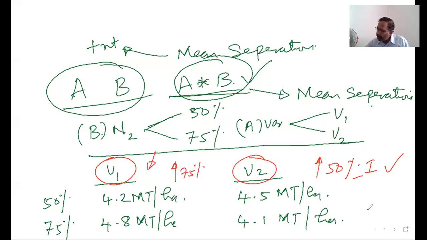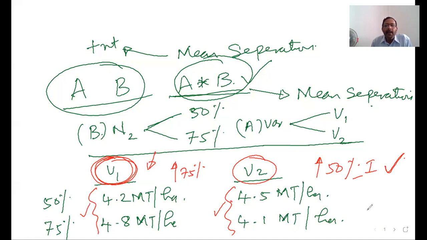You see here, we said if there's an interaction, for variety 1, we want to find out which nitrogen is good. For variety 2, which nitrogen is good.